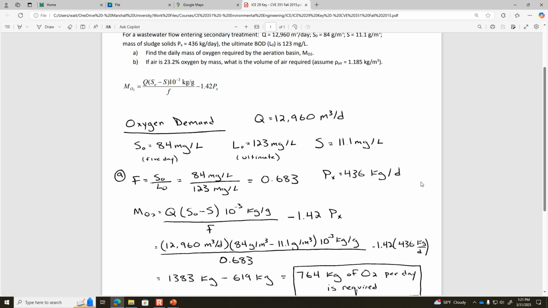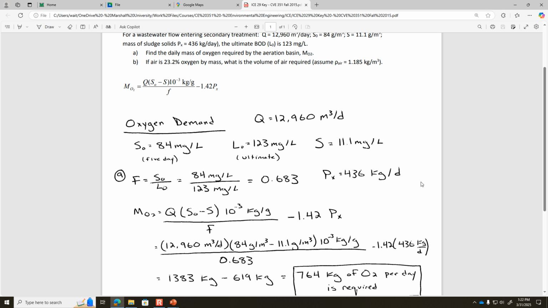On the back side of the paper I gave you is that same solution that I emailed on Friday. It's just showing that for these conditions, it's generating 436 kilograms per day of volatile suspended solids. That volatile suspended solids is the increase in cell mass, and if the solids are volatile, that means they could be burned in an oven.